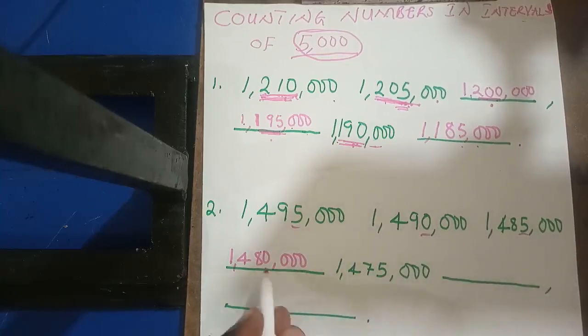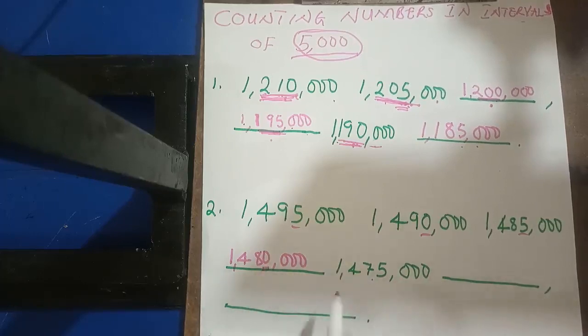To confirm that, the next figure that we have been given has also been reduced, like 80,000 has been reduced by 5,000 to arrive at 75,000. Therefore, it is 1,475,000.